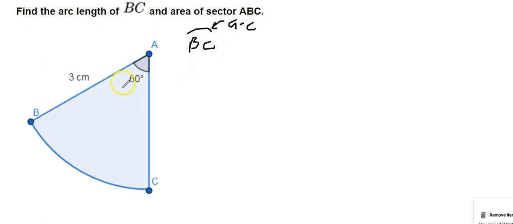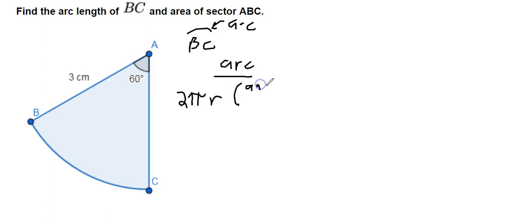So let's start with the calculations for the arc. That's going to be the formula for the circumference, 2 pi r, times the angle over 360.